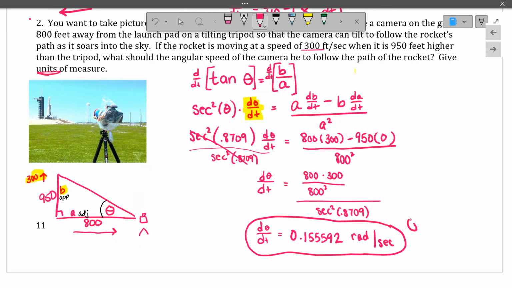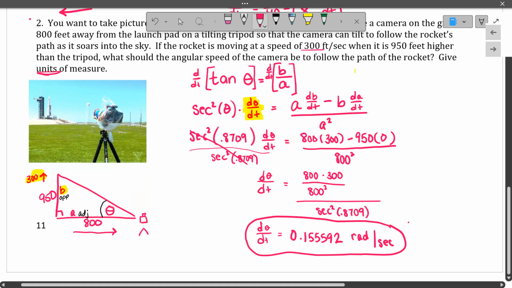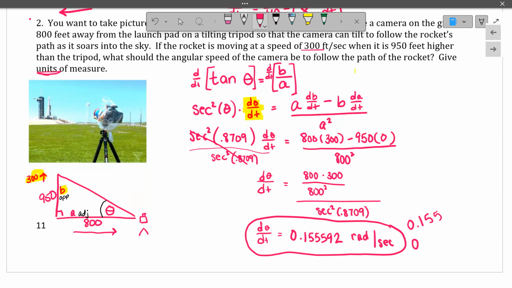So you would be allowed to write this as 0.155. You could write this as 0.156 because you rounded the 5 up because there was a 5 next to it. You could also write this as 0.155592. So you have to either round or truncate to 3 or give more than 3. Okay, any one of those answers would be considered correct.